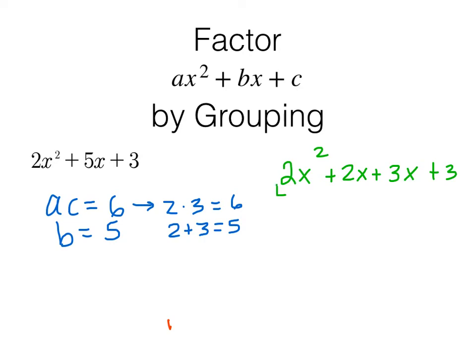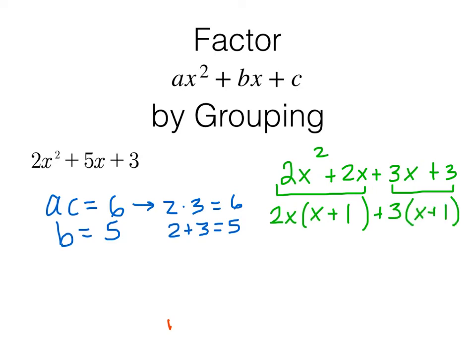Look at the first pair, look at the second pair. Take out the GCF. GCF of this first pair is 2x, and if I factor that out, it leaves x plus 1. Factor the second pair, the greatest common factor of the second pair is 3, leaving me again x plus 1. One of the great self-checking things about this method is that this set of parentheses has to match this one.